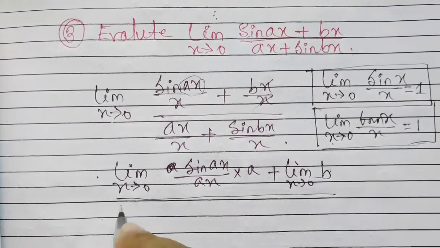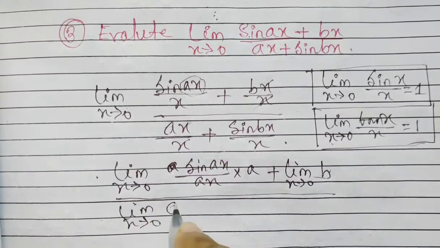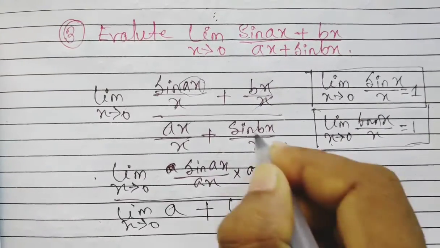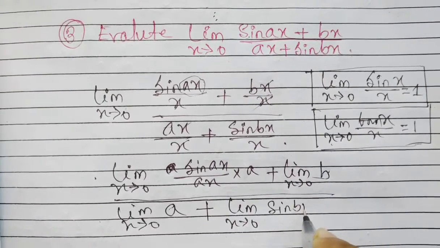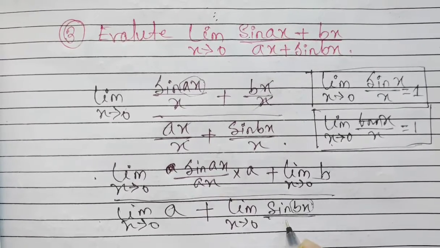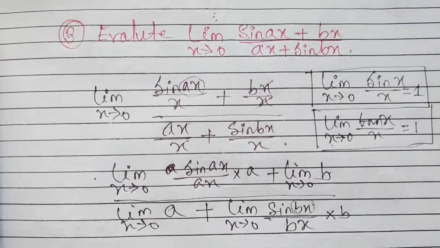In the denominator, a remains, and sin bx by bx is multiplied by b.